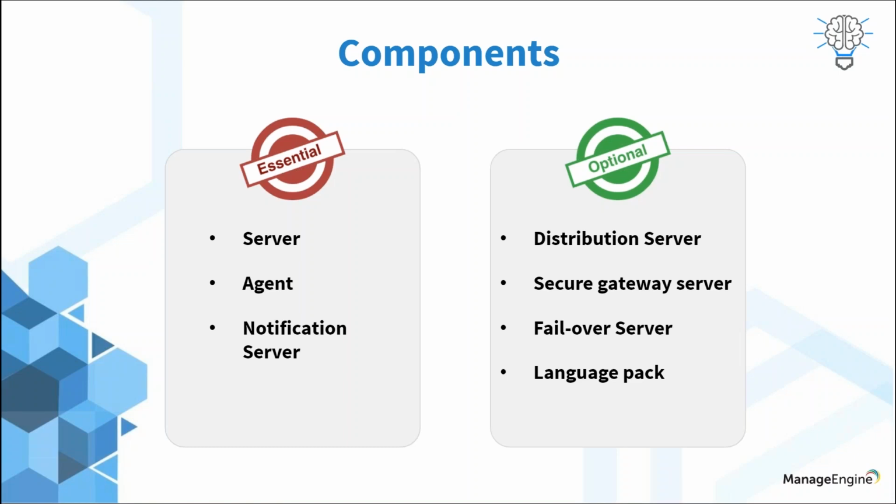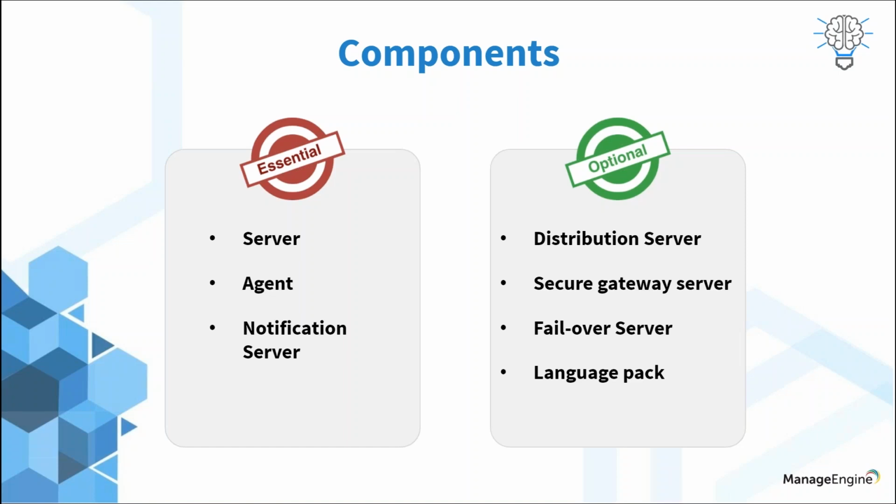When we look at the optional components, we have the distribution server, which serves as a repository for patches, software, and scripts that you have deployed to the machines in the remote office. We can create unique replication policies for each location as per the bandwidth requirement.